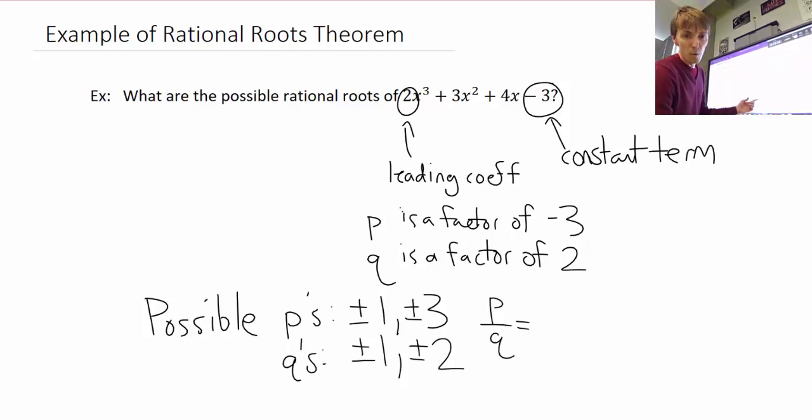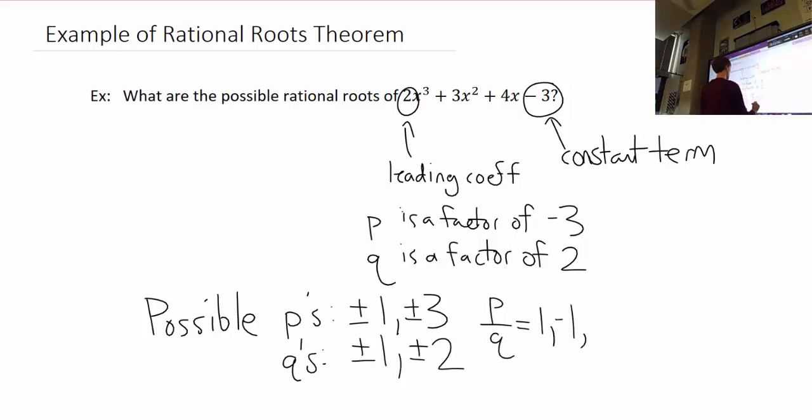So from 1 over 1, I can get 1, minus 1. So from 3 over 1, I can get 3, minus 3.